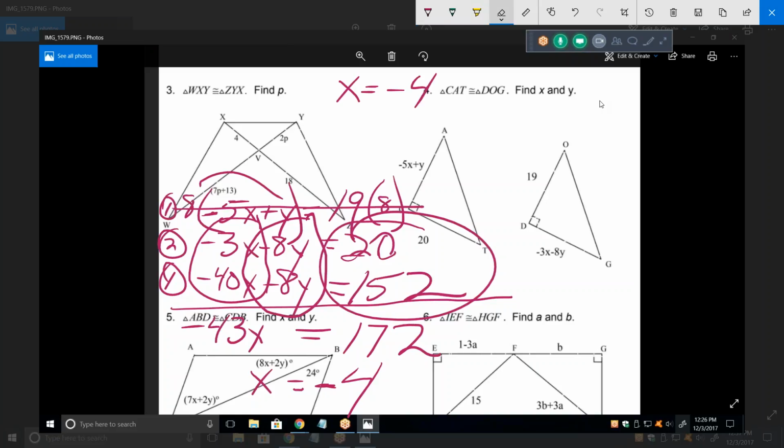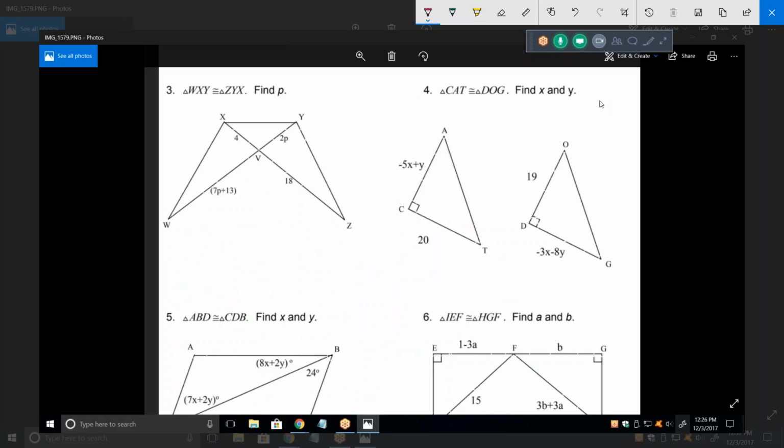Now, what's y equal to, if x is equal to negative 4? We just put negative 4 in for x. Okay, go ahead and do it. Remember, negative 5x plus y equals 19.